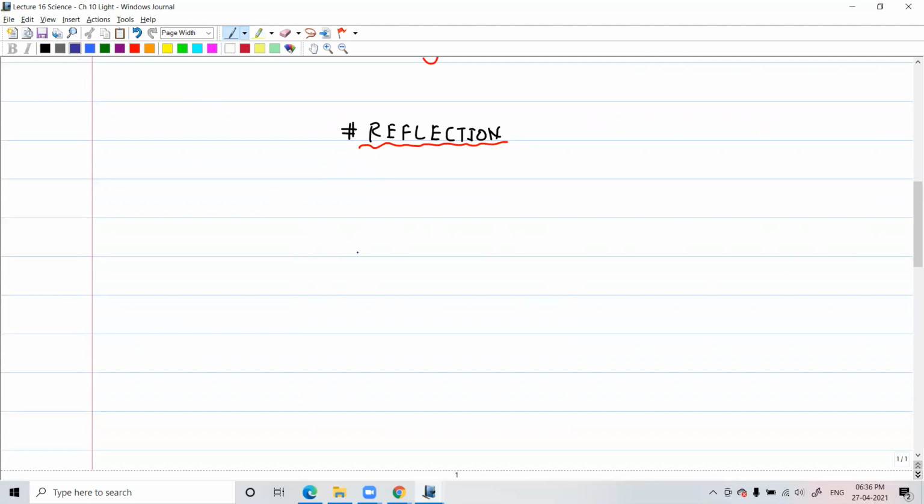So what kind of mirrors do you know of? What types of mirrors you are aware of? You have studied this in your 8th class, 9th class?